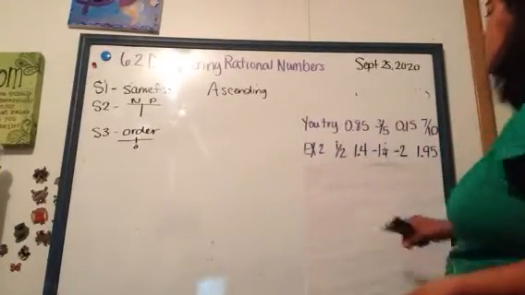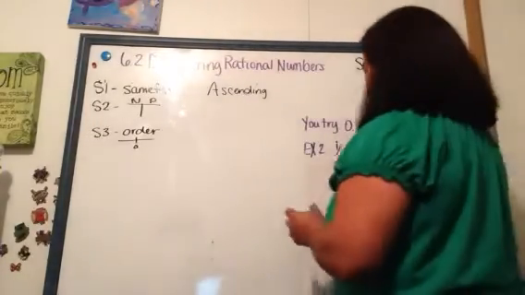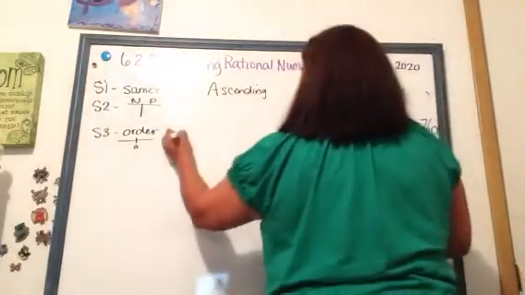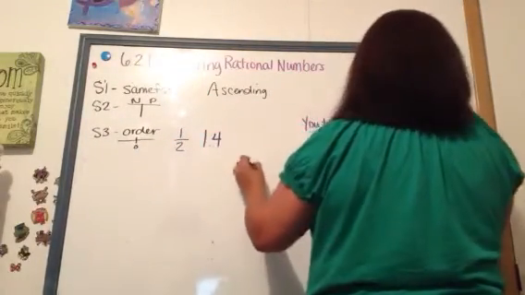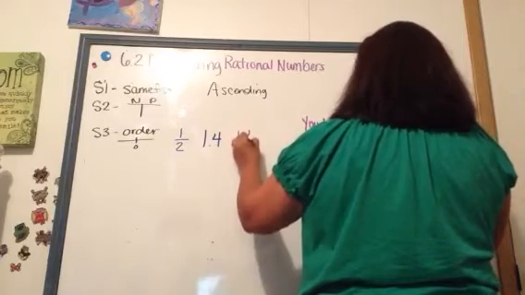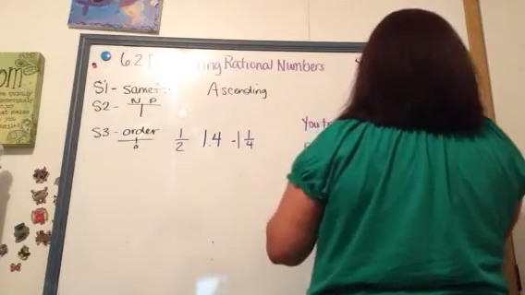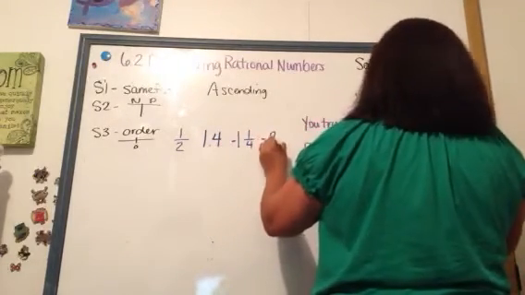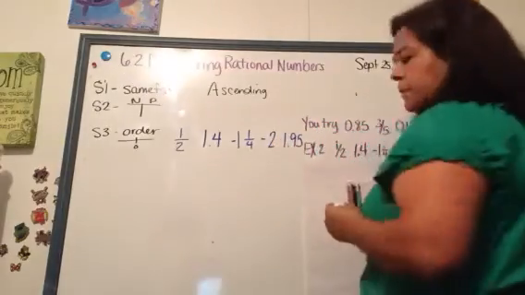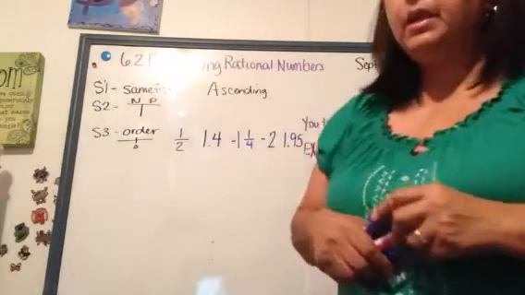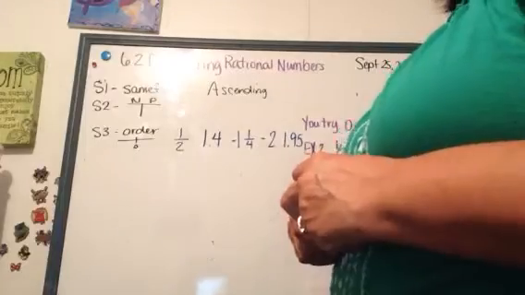Okay, so the next example is 1/2, 1 4/10, negative 1 1/4, -2, and 1 95 hundredths. Okay, go ahead and write those down in your journal.